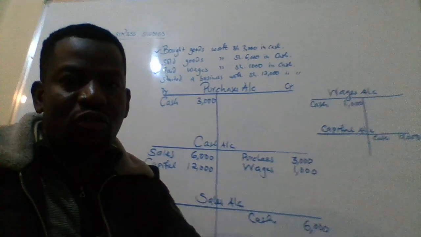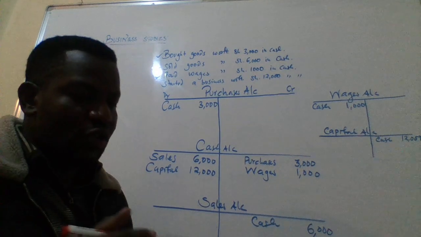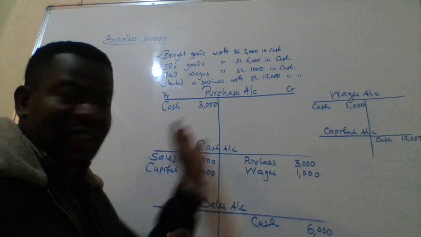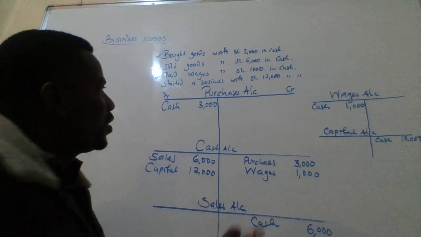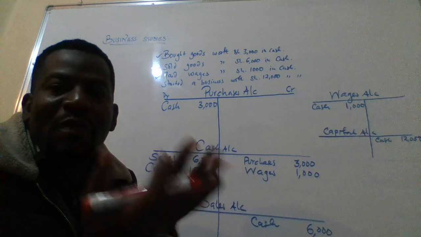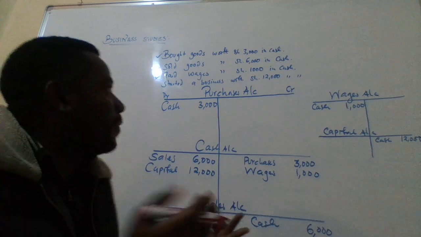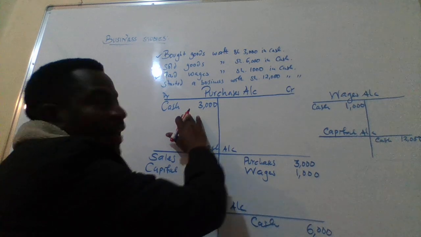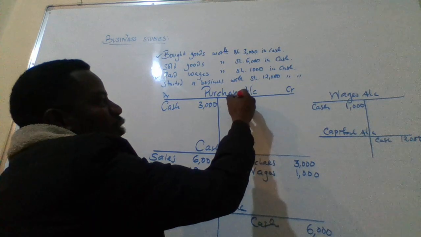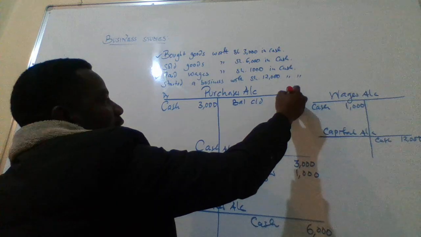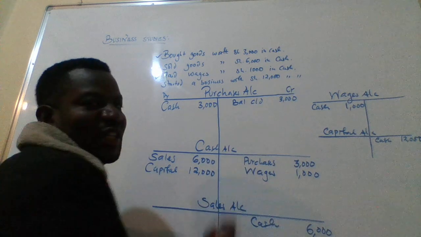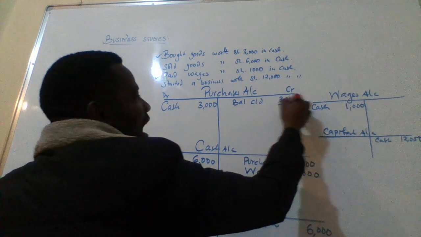So what we need to do is to balance these ledgers, close them. To close them is to make sure that they do balance. This side and this side are equal. Debit side is equal to credit side. So here you write balance carried down 3,000. Isn't it balanced? Close.